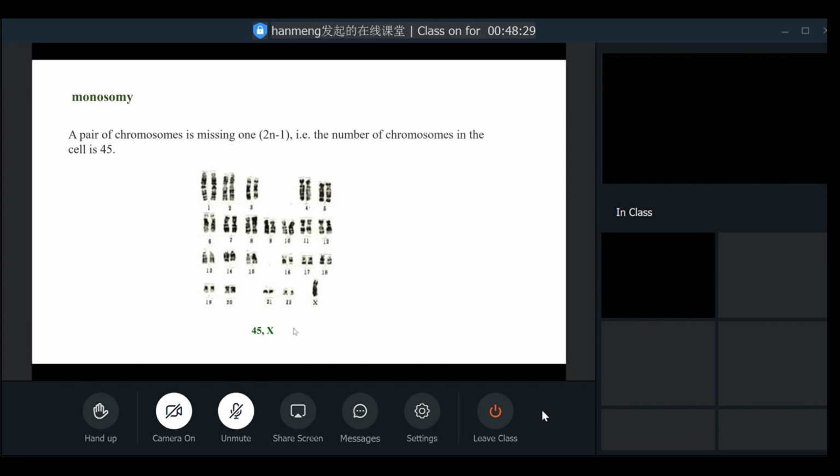We will have an example for the monosomy. So, if it misses one chromosome, then human beings will have 45 chromosomes left.